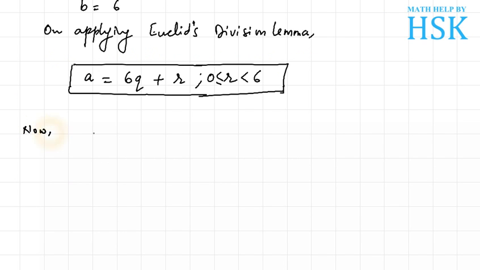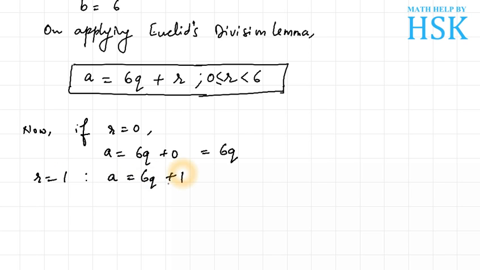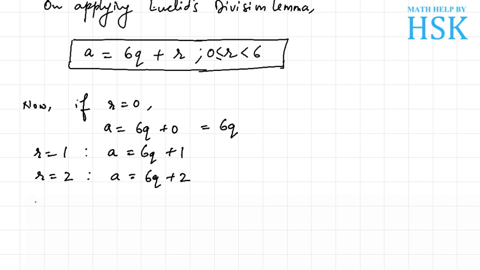Now, if r is equal to 0, then a is equal to 6q plus 0, that is equal to 6q. Okay. If r is equal to 1, then a is equal to 6q plus 1. If r is equal to 2, a is equal to 6q plus 2. If r is equal to 3, a is equal to 6q plus 3.